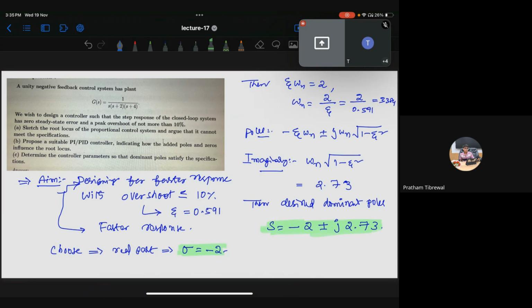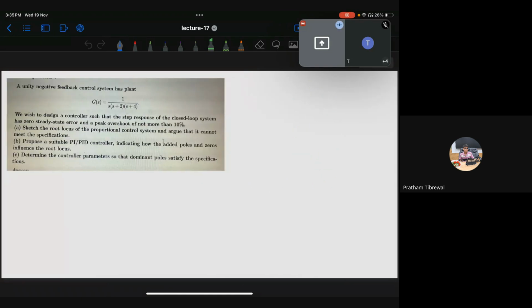Okay, so now again, these are the poles which we wanted to place. What is the function we took? The C of S we took as Kc S plus A. Now what is the modified closed loop transfer function?